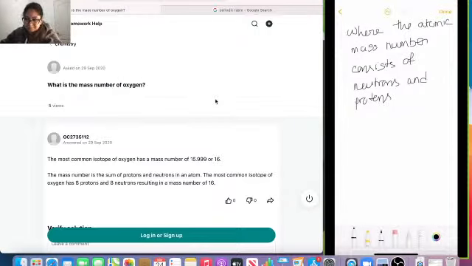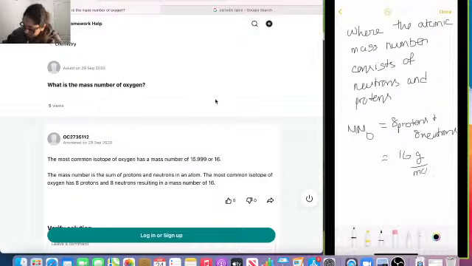So we'll just say the molar mass of oxygen is 8 protons plus 8 neutrons, which is 16 grams per mole.